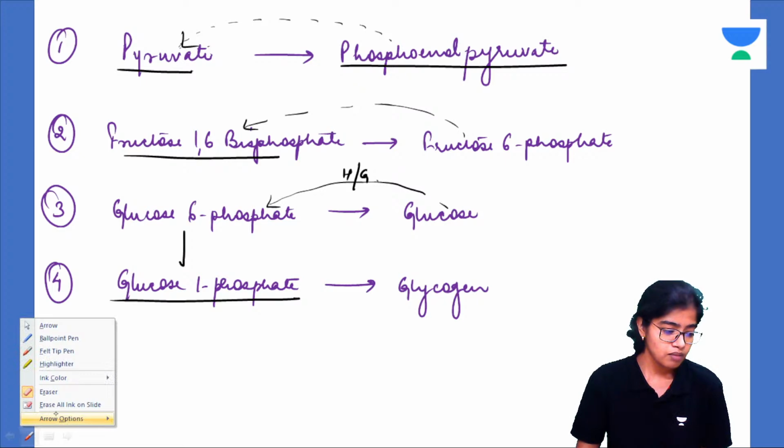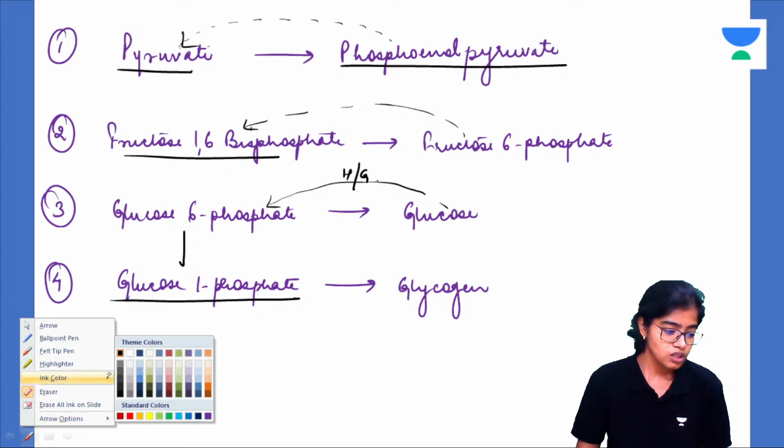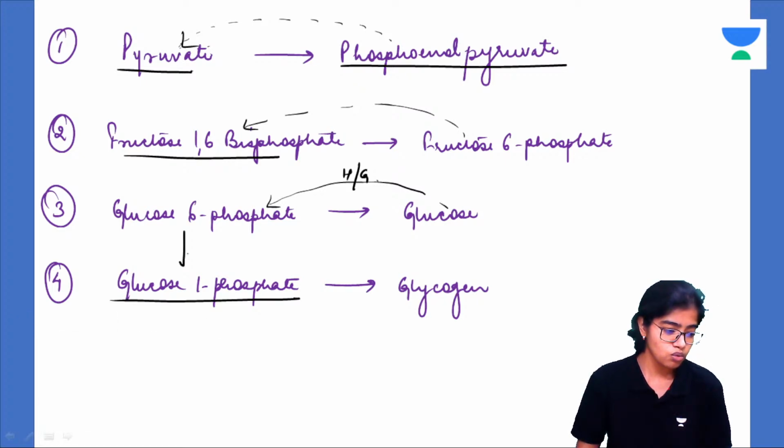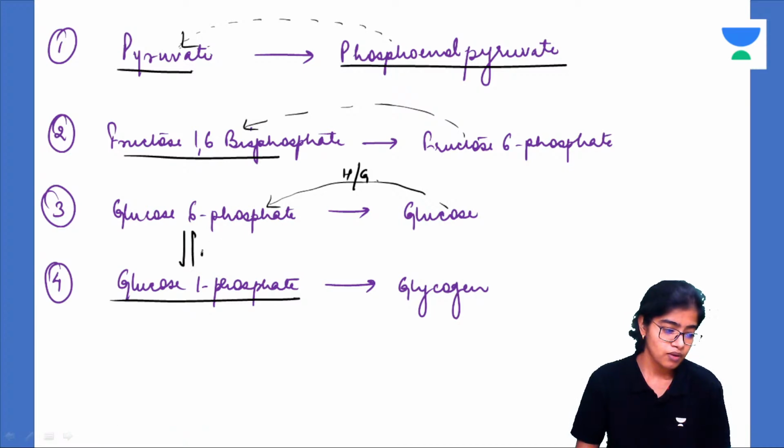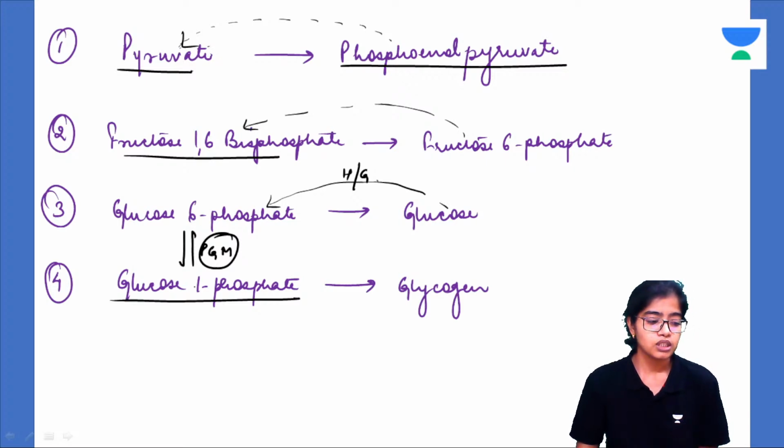This enzyme converts glucose 6-phosphate to glucose 1-phosphate and vice versa. Phosphoglucomutase. Okay, so the glucose 6-phosphate molecules will get converted into glucose 1-phosphate, which through the action of glycogen synthase will get converted into glycogen.